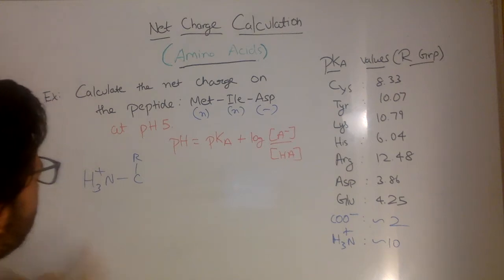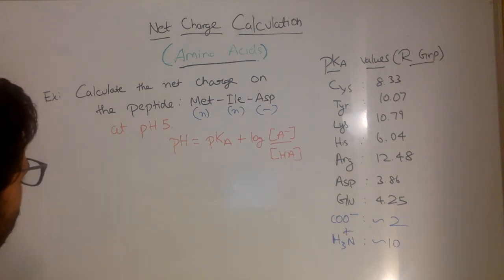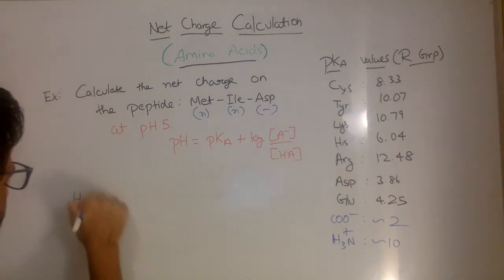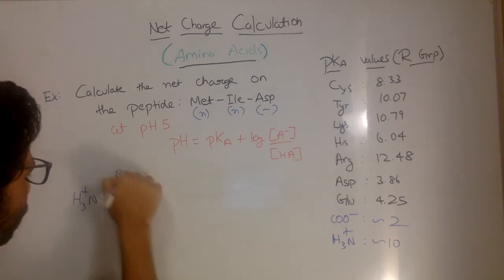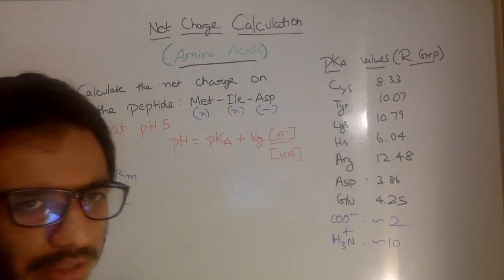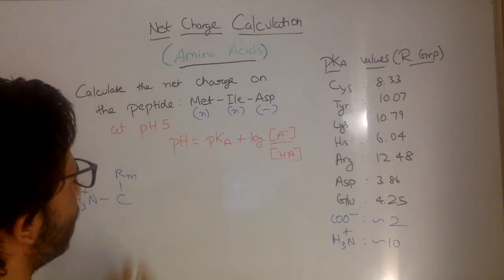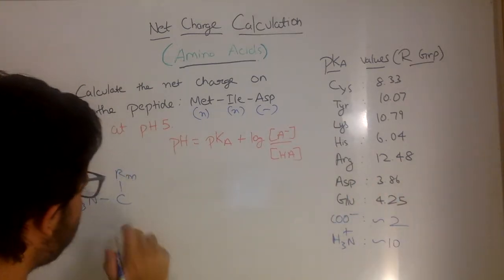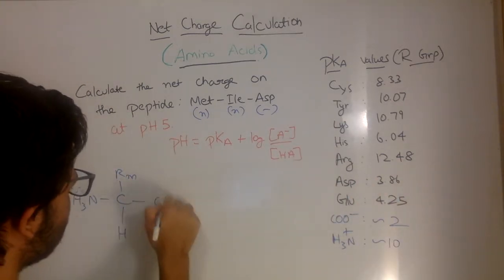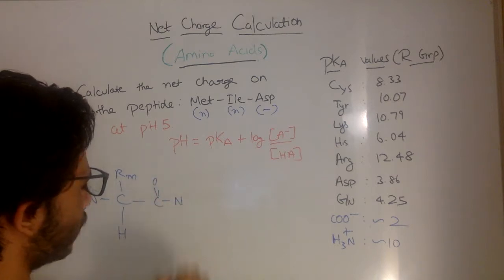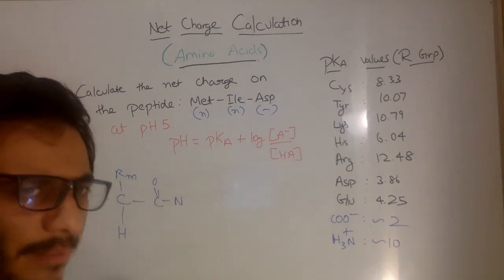Okay. So I'll start from here. This is, let's say, the R group of methionine, and we know it's neutral at pH 5. We checked it from the pK values. And this is your peptide bond connecting the amino acids.